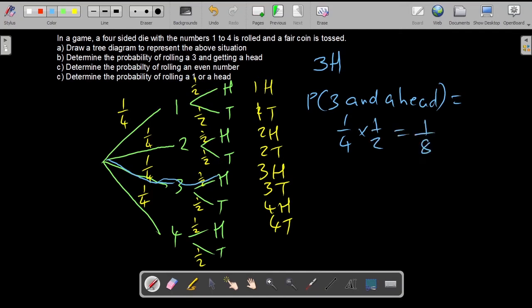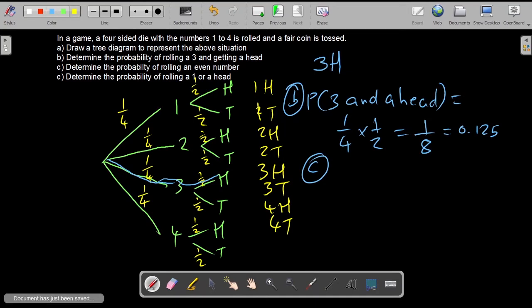The result is 1 over 8. And 1 over 8 in decimal form is as follows. You can write it as a percentage or you can just leave it like that. And that should be your answer for B. So on the way to what you're actually looking for, you multiply the probabilities on the path. And the next one, which is C, says determine the probability of rolling an even number.